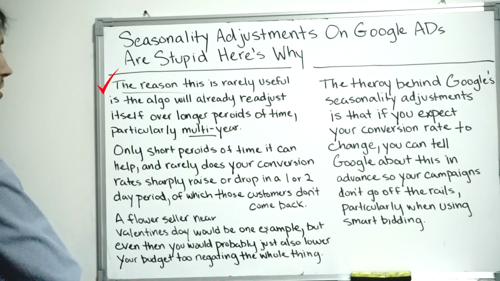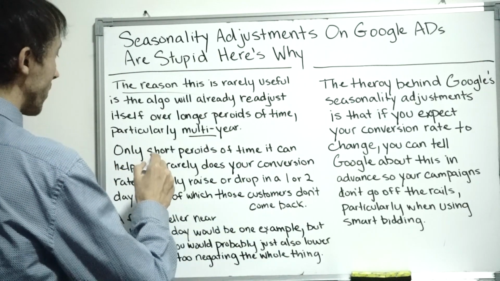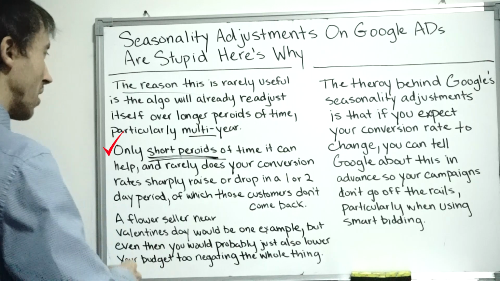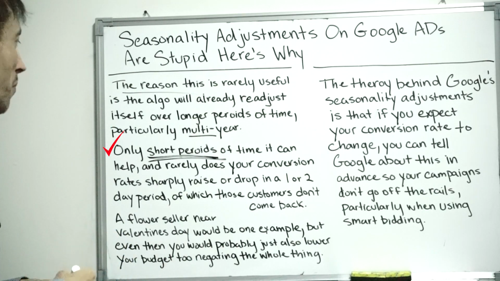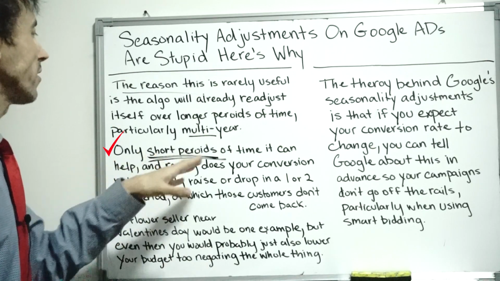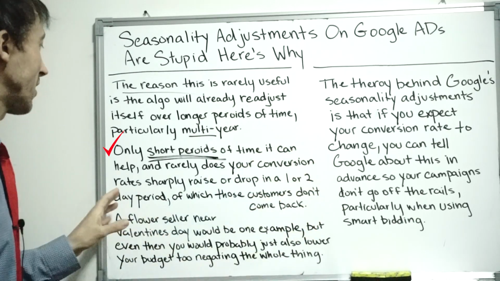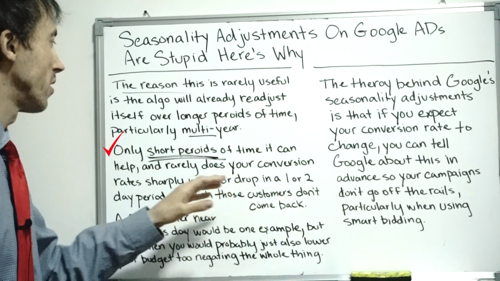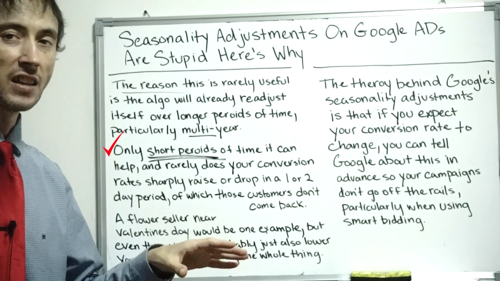But where this is useful, hypothetically anyway, is over short periods of time. Rarely do your conversion rates go up or down in a 1 or 2 day period like that.